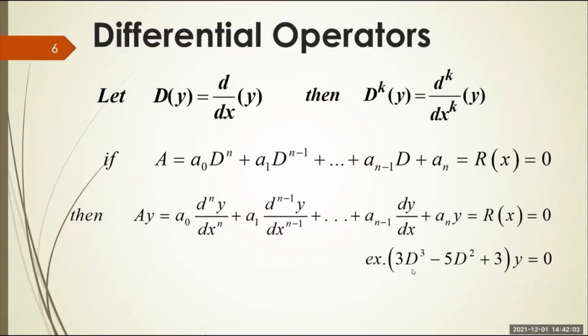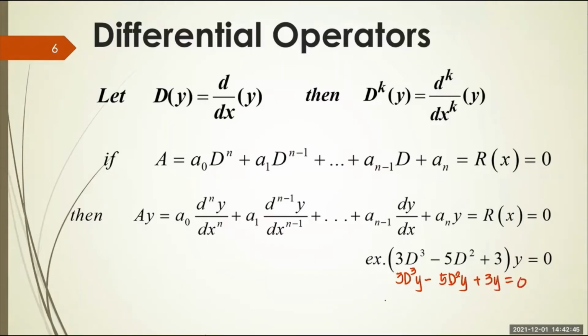For example, we have here (3D to the third minus 5D to the second plus 3) y. This basically means 3 D third order y minus 5 D second order y plus 3y is 0.